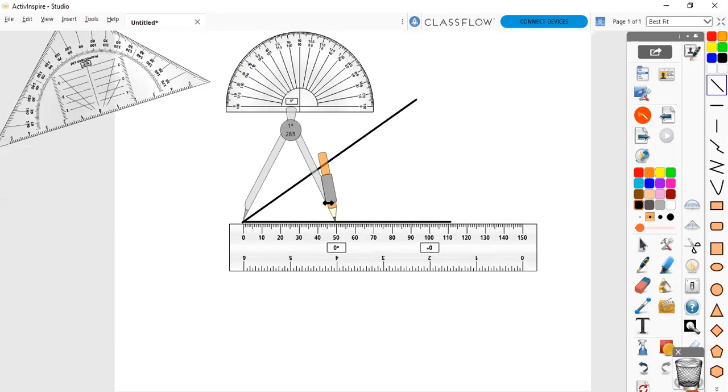Let us take the radius as 50. Once you fix the radius, do not change it. Keep it as 50. Now we keep it a fixed radius.